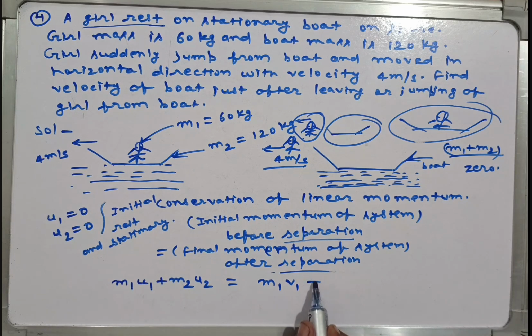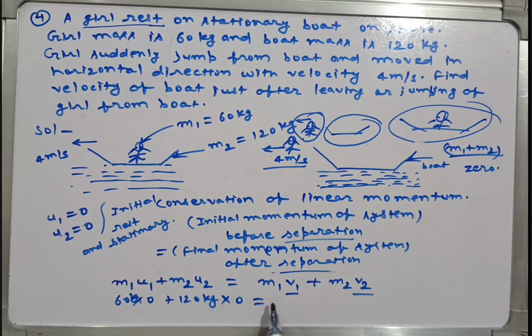Here after separation the velocity of the girl is v1, and we calculate the velocity of the boat, which we assume is v2. Now if we write, 60 kg and 120 kg into 0, then this equals 60 kg times 4 meter per second plus 120 kg times v2.